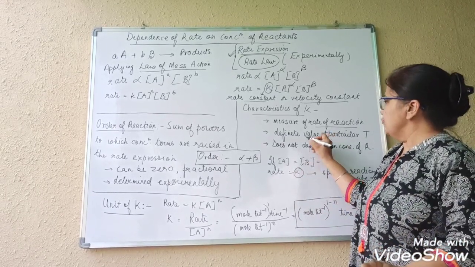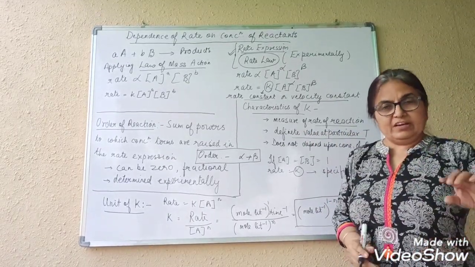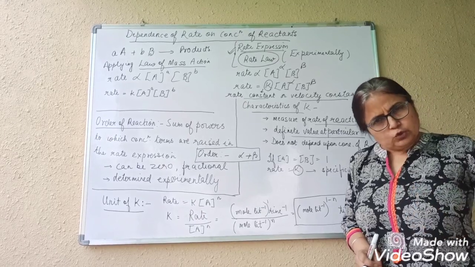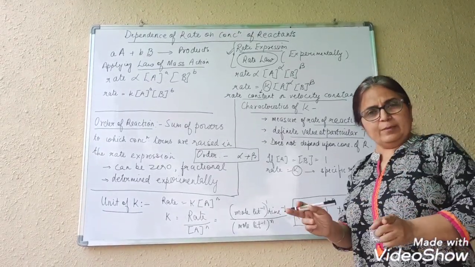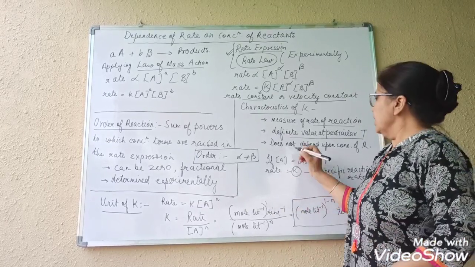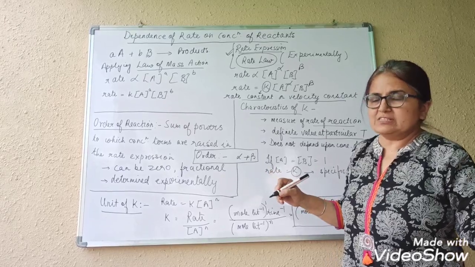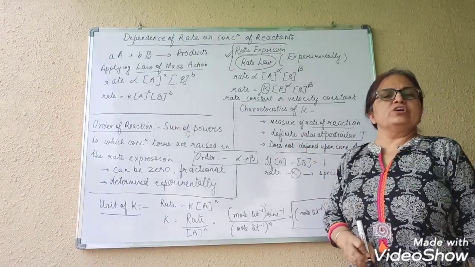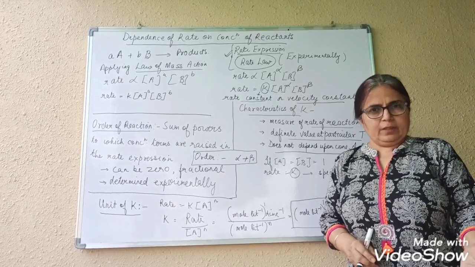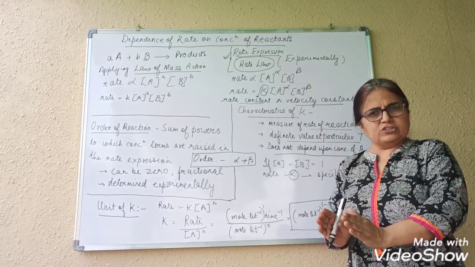How it changes with temperature we will discuss in the Arrhenius equation. Third, it does not depend upon the concentration of the reactant. That means K is always fixed for one particular reaction.